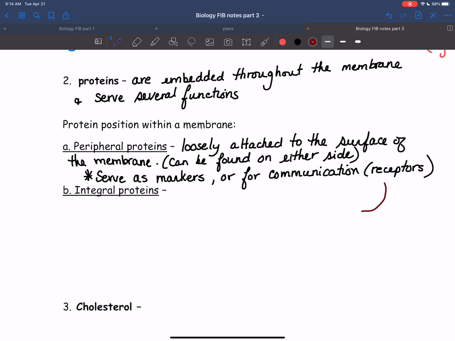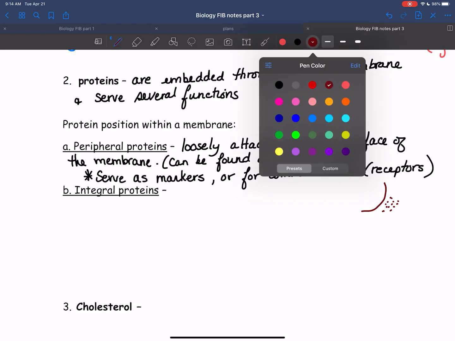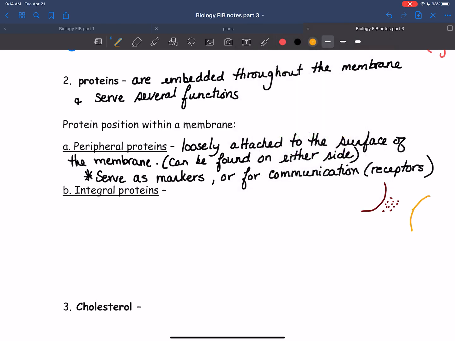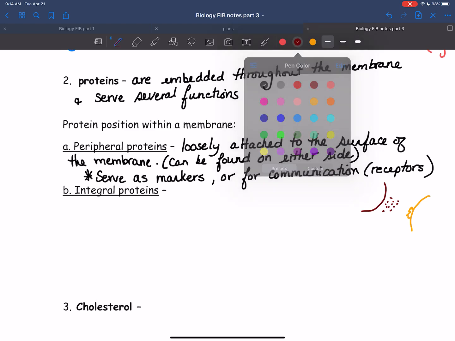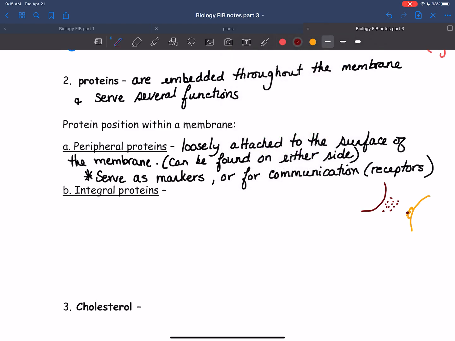If I have a cell that releases certain chemicals, and then on another cell, I have a little protein, and the chemical that has been released has to go into that particular receptor in order for, let's say, the cell membrane to open and allow chemicals in, or for the cell membrane to change shape, or for the cell membrane to release another chemical on itself, so that it's sort of like a chain reaction kind of thing, okay?